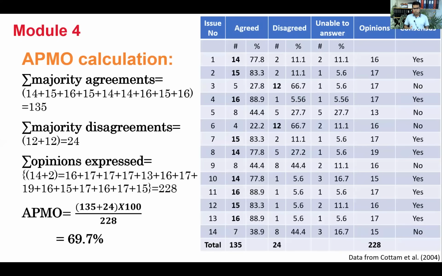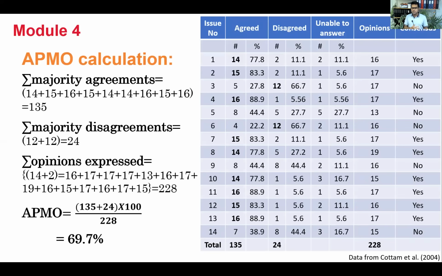The 11 counted majorities are emphasized in the table. However, the detailed calculation is demonstrated here. 9 issues during the first round reached a percentage of agreement that is higher than 69.7% and thus reached consensus. The rest of the issues will be proceeding to the next round for further inspection.